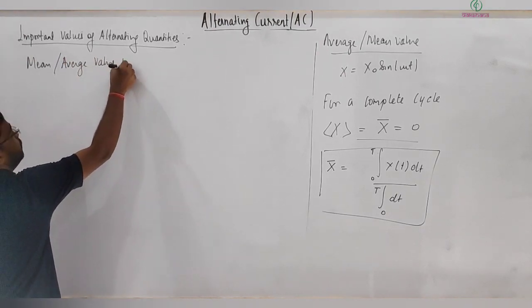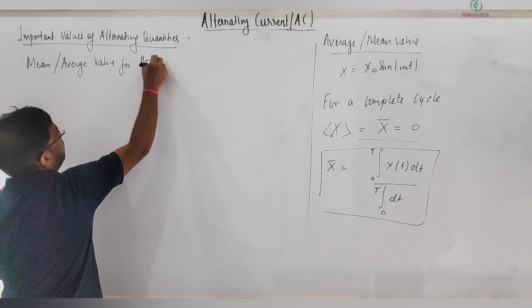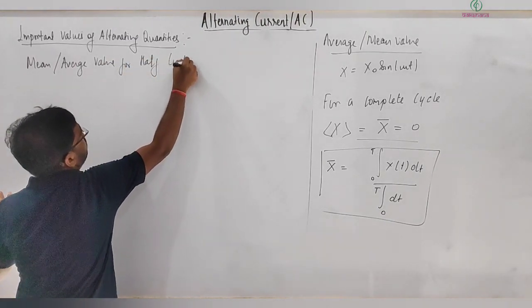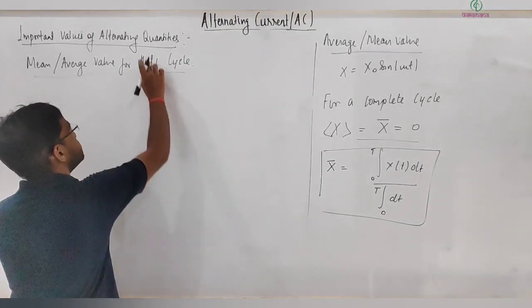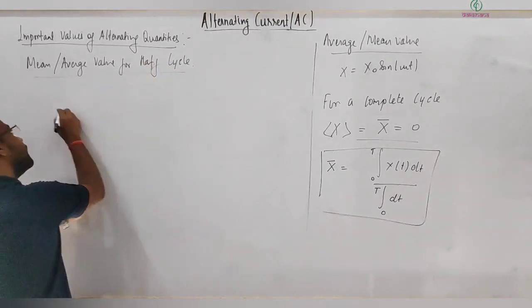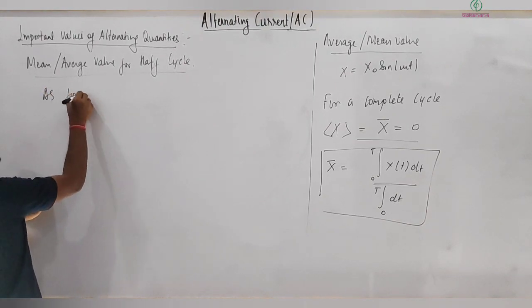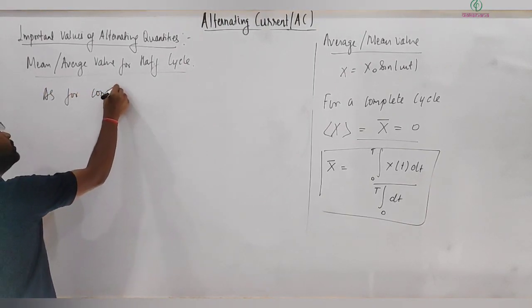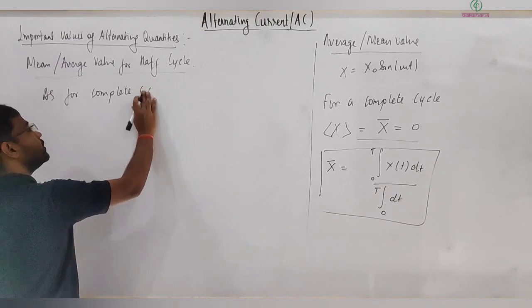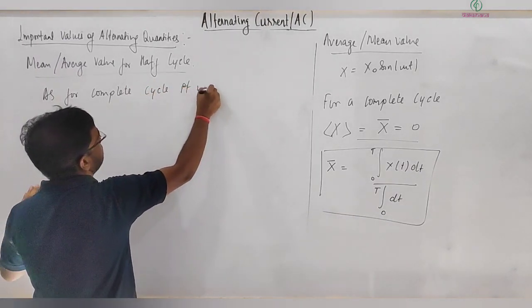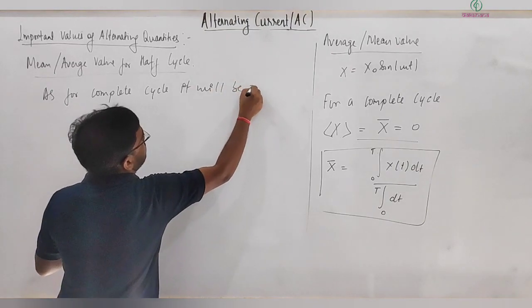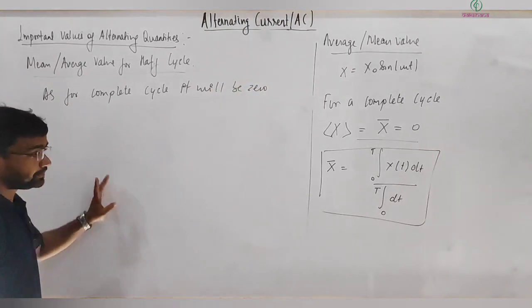It must be clear to you that for a full cycle it will always be 0, as for a complete cycle it will be 0, right?